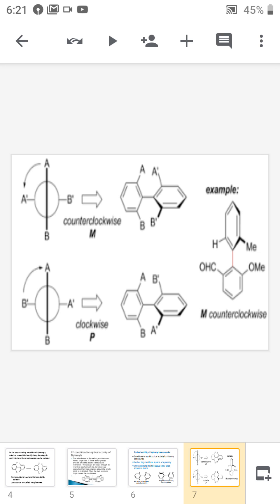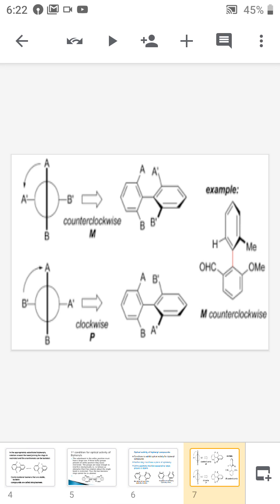So we have to substitute like this. We will get a Fischer projection formula, and in it we have to assign the priority to the first two groups in the first ring, and then 1 and 2 in the remaining groups. So we will get the optical activity in biphenyl.